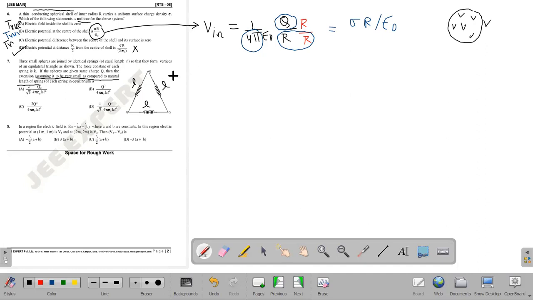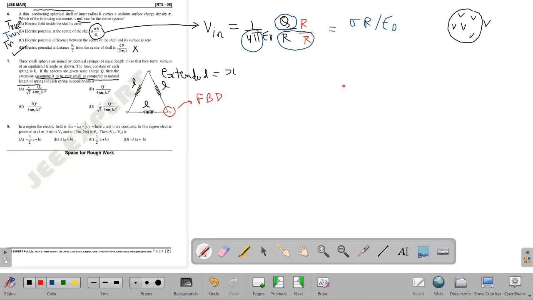If I assume that the springs are extended by small x, then according to Hooke's law, these extended springs at any moment exert force. Suppose I draw the free body diagram of this particular charge, or any other charge.